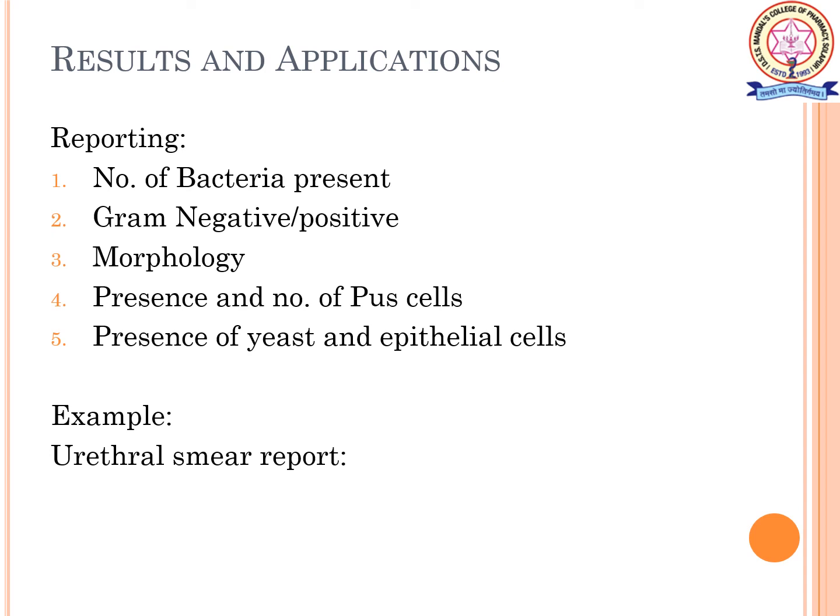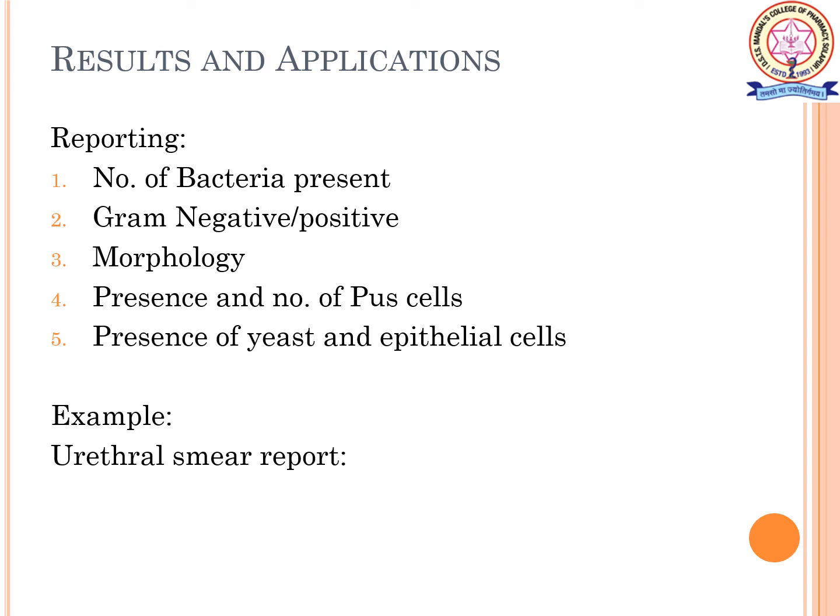Now, where will this be useful? The number of bacteria present can be counted, and whether they are gram positive or gram negative can also be identified. Then the morphology of the bacterial cell can be studied.